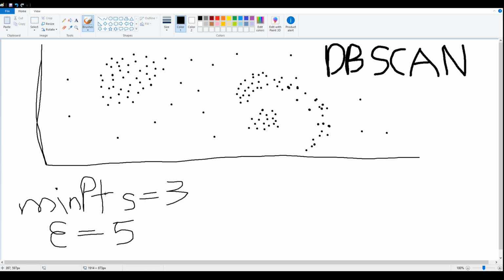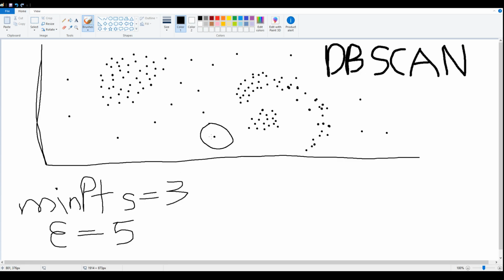Now if you look in the bottom left, I've said min pts equals 3. Min pts represents the minimum number of points that are going to be inside a radius epsilon. For any given point, there is a circle of radius epsilon drawn around it, let's call that 5.